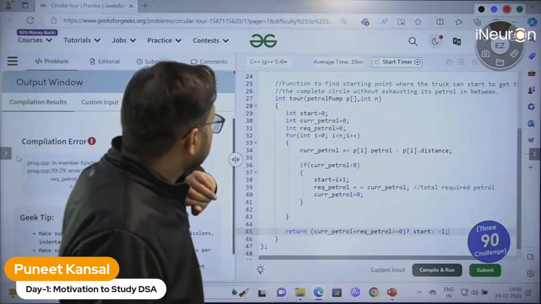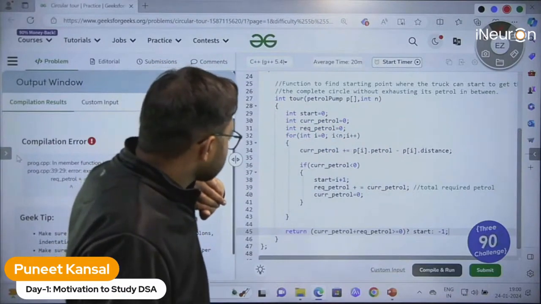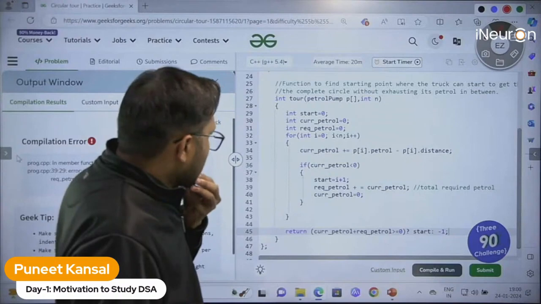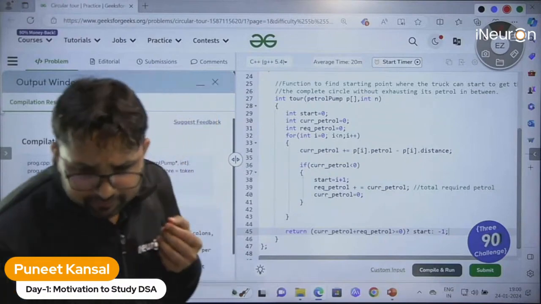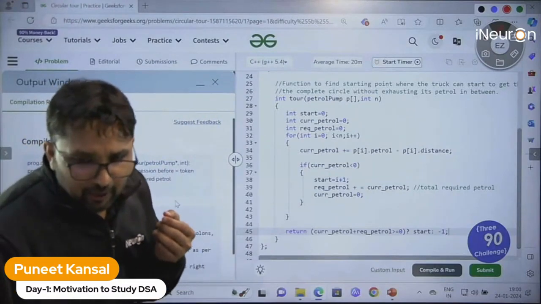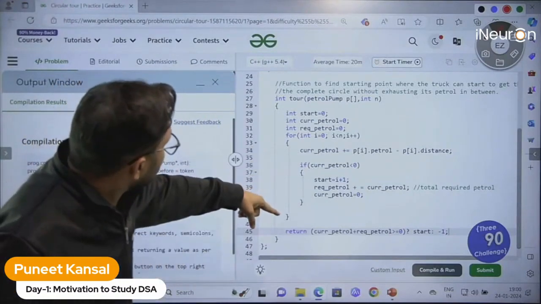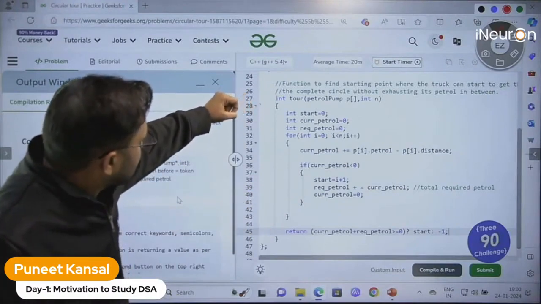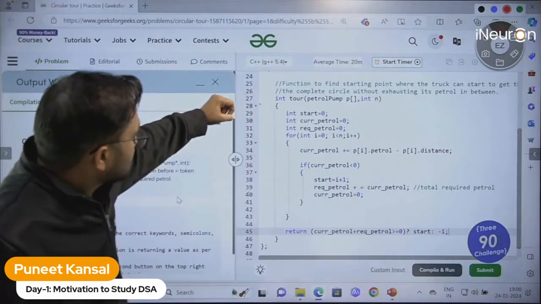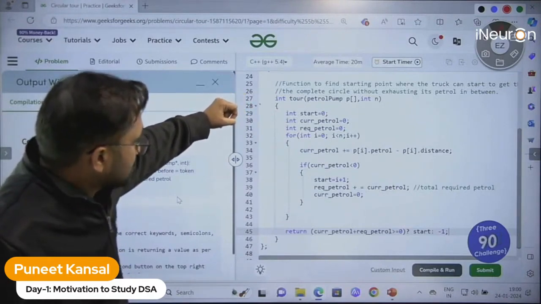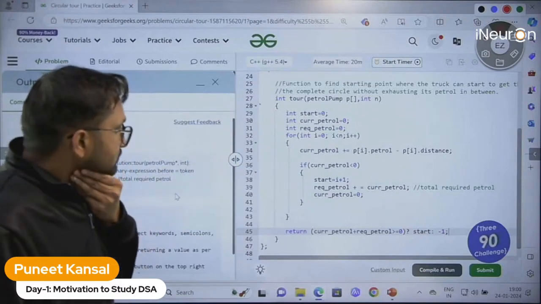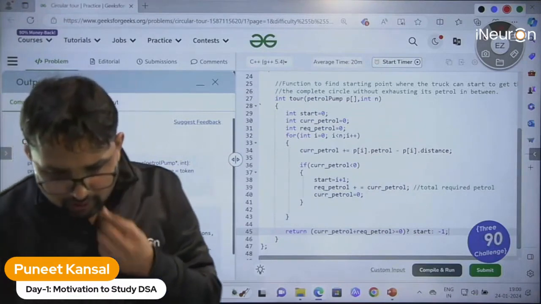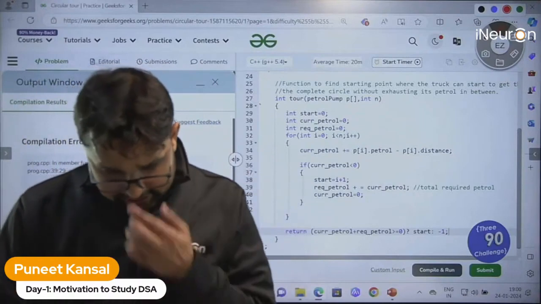Can anybody spot it? One bracket above, okay, this one, and this one. This is fine. Okay, fine. I need to check this.